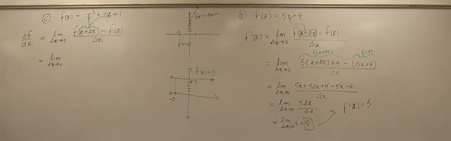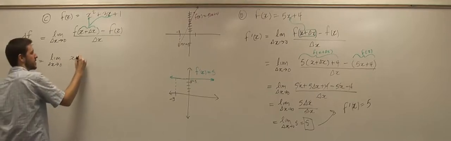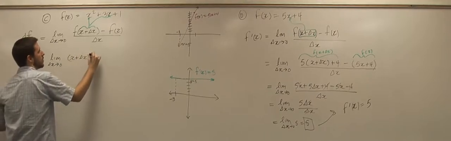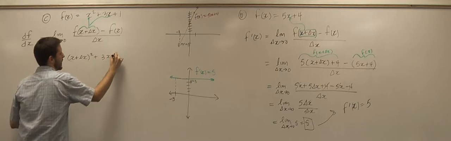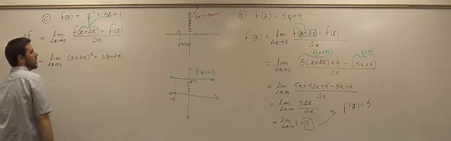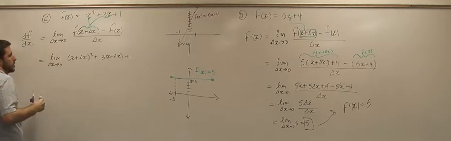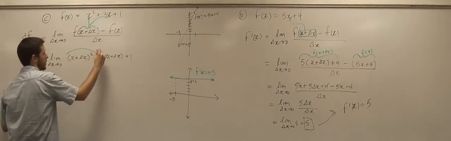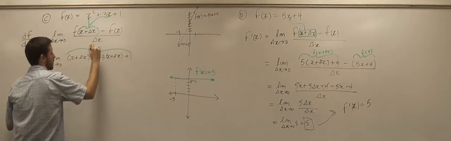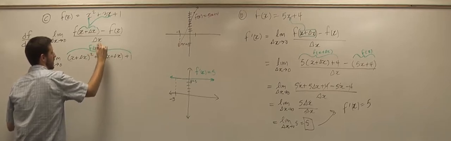So for f of x plus delta x, you'll get x plus delta x squared plus 3 times x plus delta x plus 1. This is f of x plus delta x.